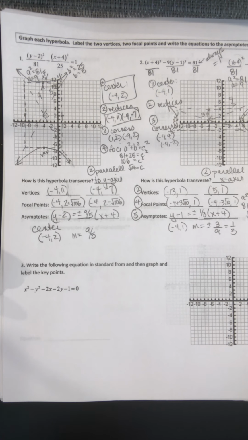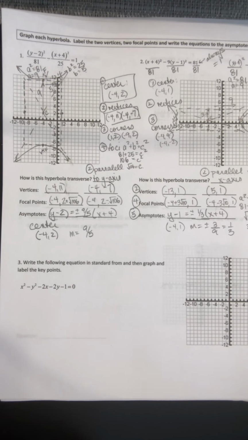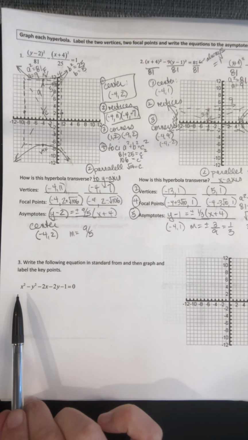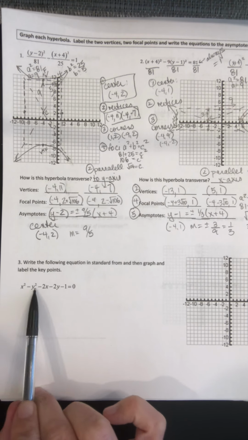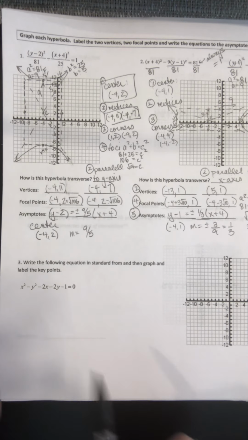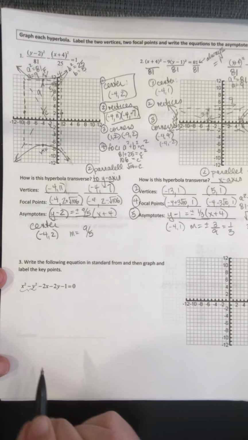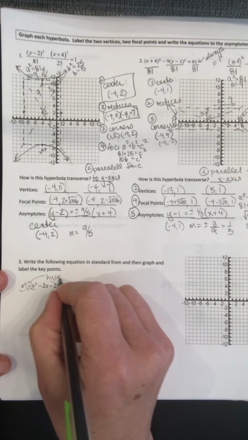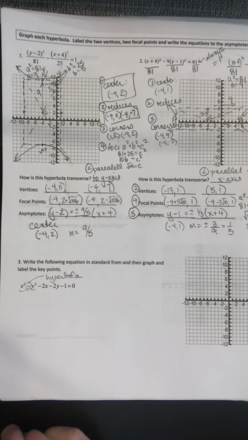Now, this should be something you're familiar with, okay? We have a conic section, okay, because I have two squared terms here, written in general form, okay? Now, I know since the x squared and the y squared are being subtracted, this has to be a hyperbola, okay?